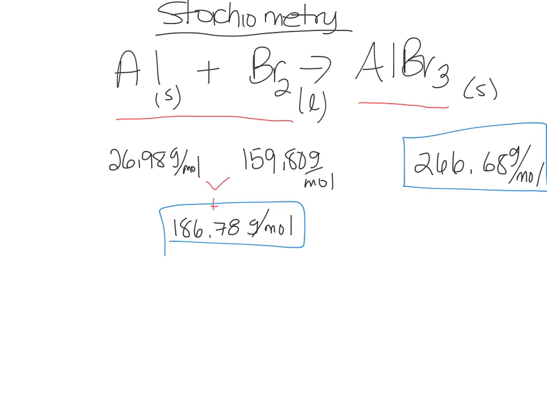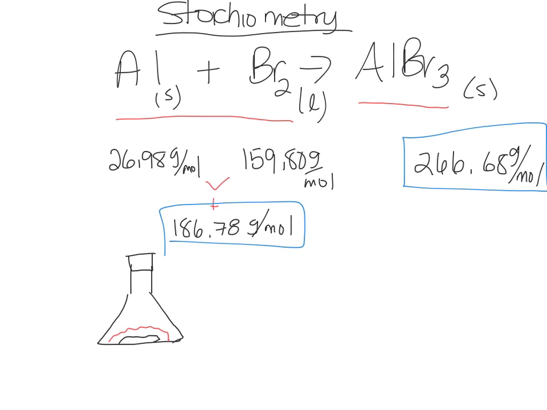So we have the mass of aluminum, the mass of a bromine molecule. If we add them up, we get 186.78. The mass of aluminum bromide is 266.68. Now, if we were going to do an experiment, we had a little flask, and here we had some aluminum foil, and we added some bromine liquid.